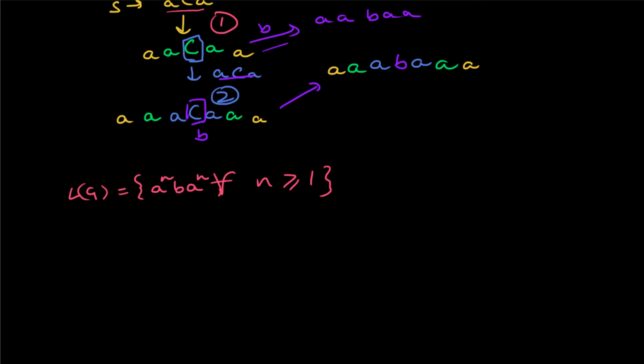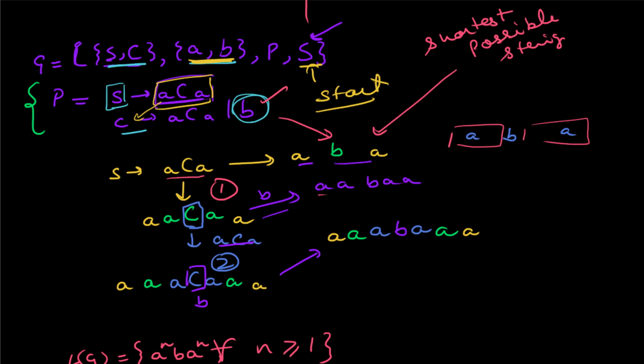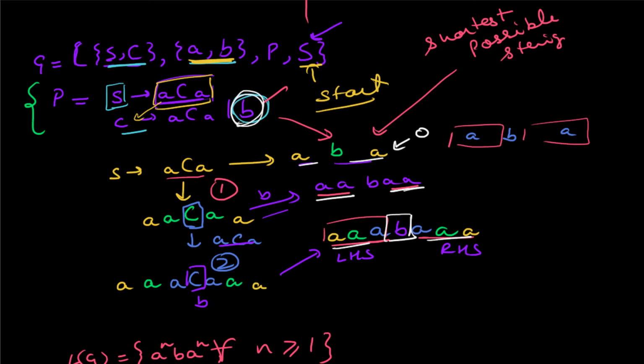Before writing this n, I'll explain why we wrote n, because the A's come in exactly the same amount on the LHS and the RHS. For iteration 0 we got 1 A, for iteration 1 we got 2 A's, and for the next iteration we got 3 A's, and B exactly comes once, because B is just a terminal without actually calling a state. So B will just come once. So we get this as our answer.